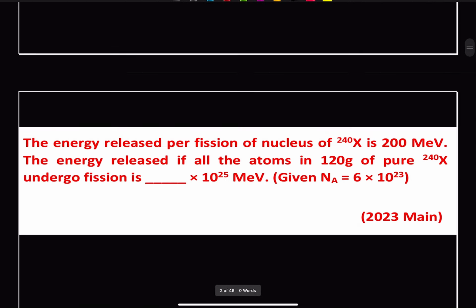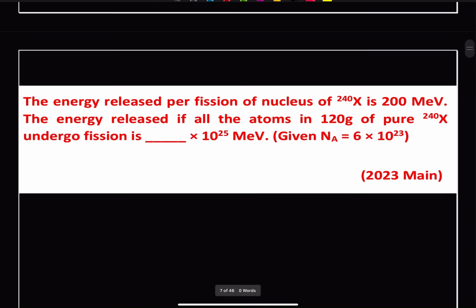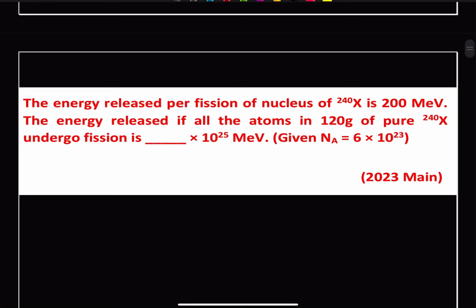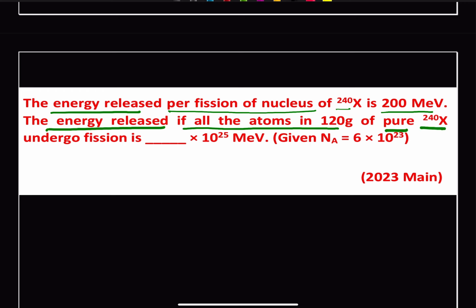Next question, it states that the energy released per fission of a nucleus 240X is 200 mega electron volt. The energy released if all the atoms in 120 gram of pure 240X undergo fission is dash into 10 to the power 25 mega electron volt.